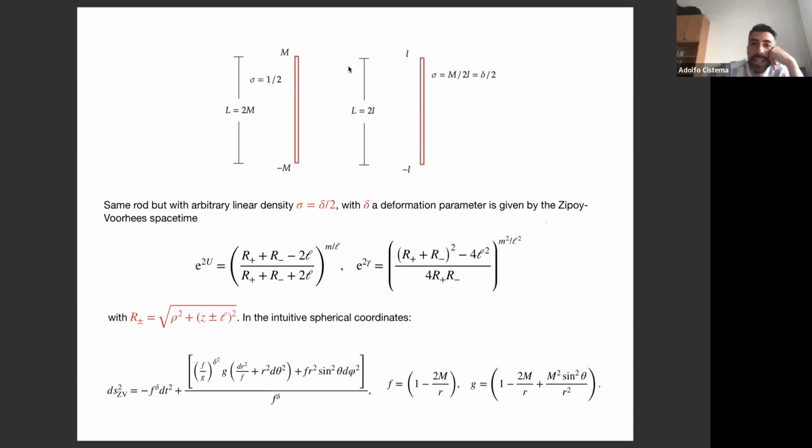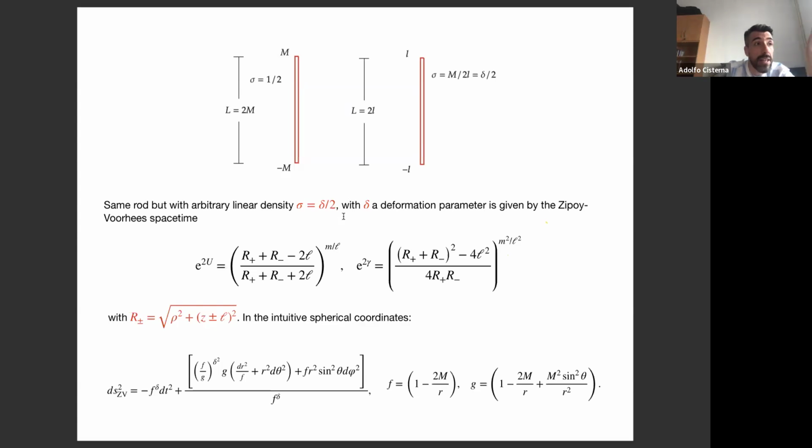So basically, let us take a thin rod that goes from L to minus L instead of M to minus M, and of mass M, of course. You get that the density is M/2L. I'm going to say that this is delta/2, and delta is this parameter called the deformation parameter.